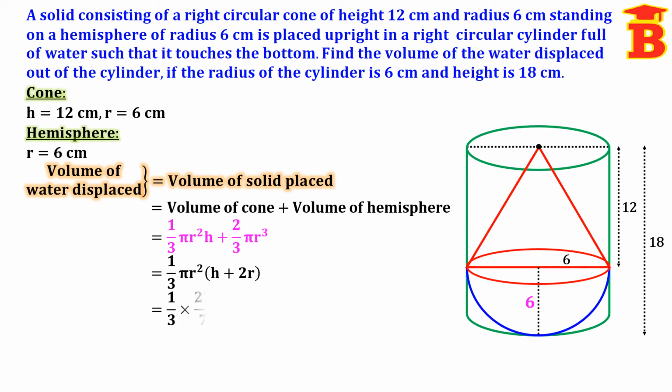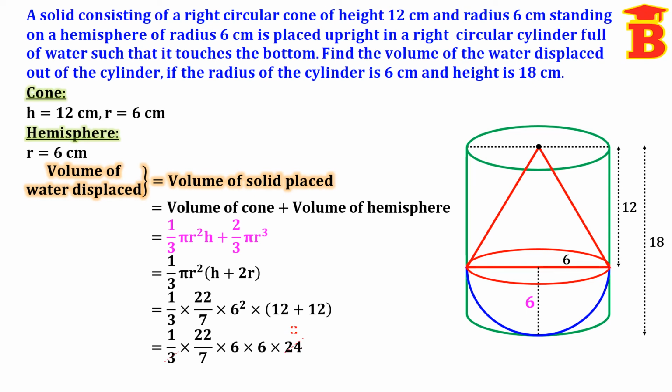Now substitute the values. This is 1 by 3 into pi value 22 by 7 into r square. R is 6, so 6 square into h value 12 plus 2r. R value 6, 2 into 6, 12. So this is equal to 1 by 3 into 22 by 7 into 6 square, that is 6 into 6 into 12 plus 12, 24.